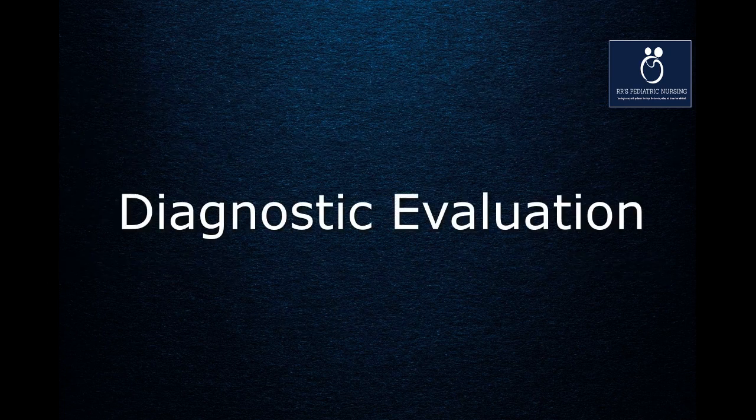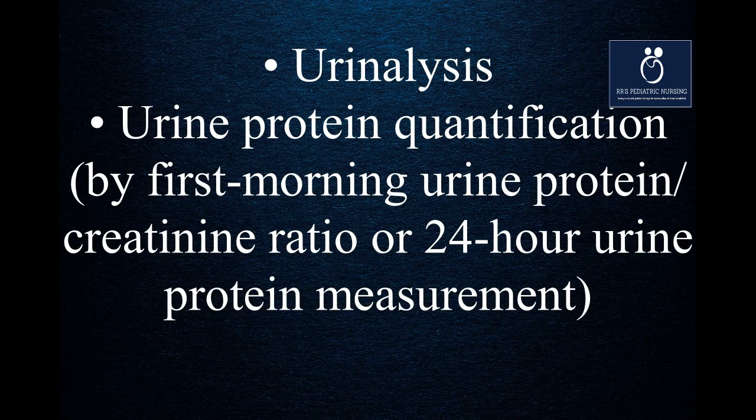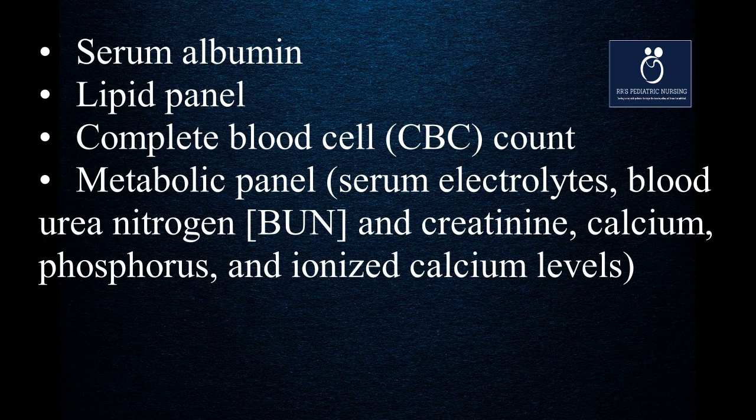Diagnostic evaluation. Urinalysis. Urine protein quantification, by first morning urine protein creatinine ratio or 24-hour urine protein measurement. Serum albumin. Lipid panel. Complete blood cell (CBC) count. Metabolic panel: serum electrolytes, blood urea nitrogen and creatinine, calcium, phosphorus, and ionized calcium levels.